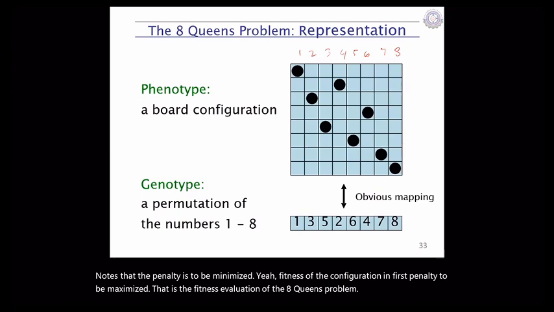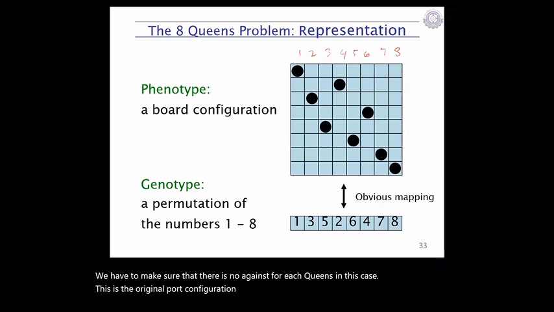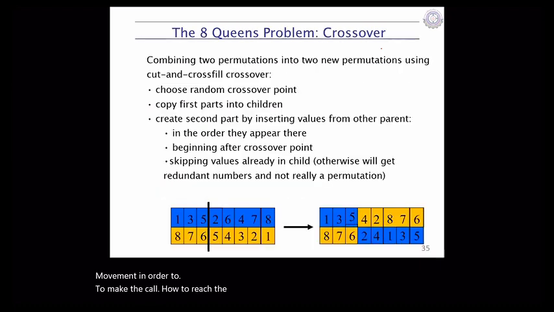We have to make sure that no queen attacks another. And this is the original board configuration, so you have to perform some movements in order to reach the goal.